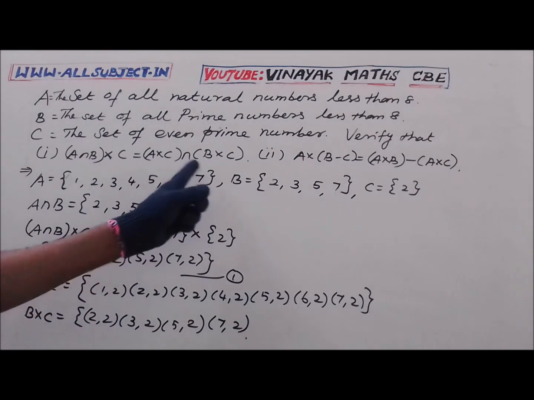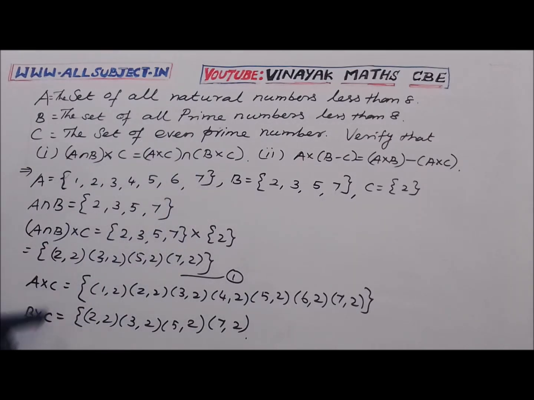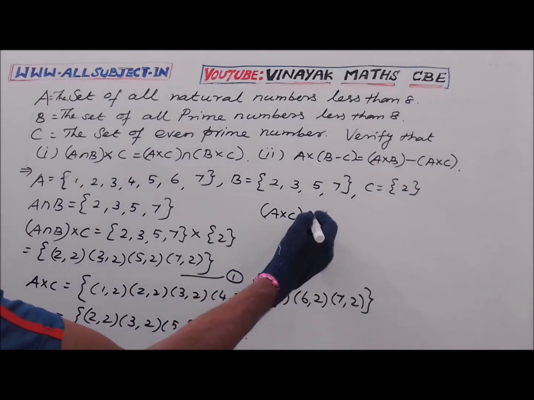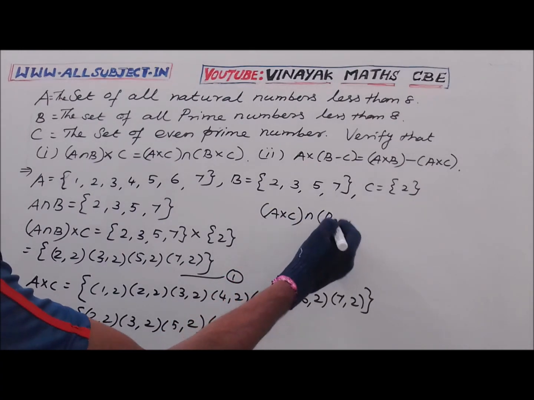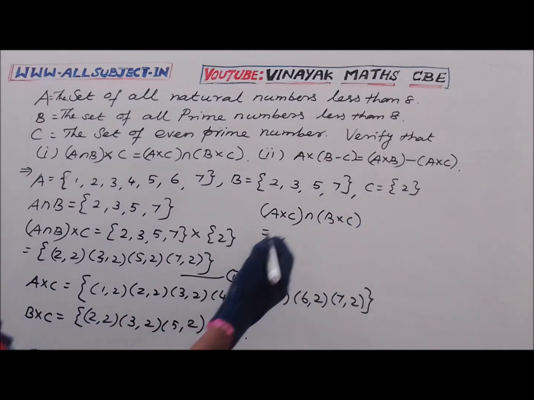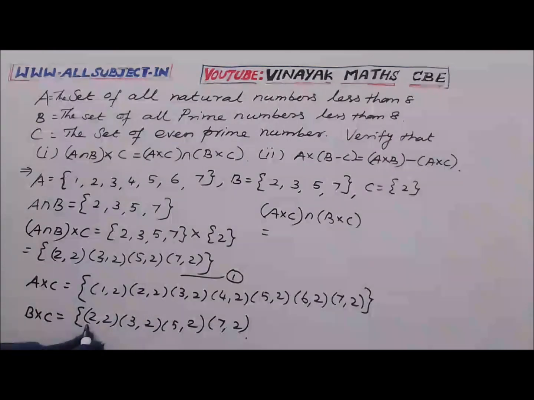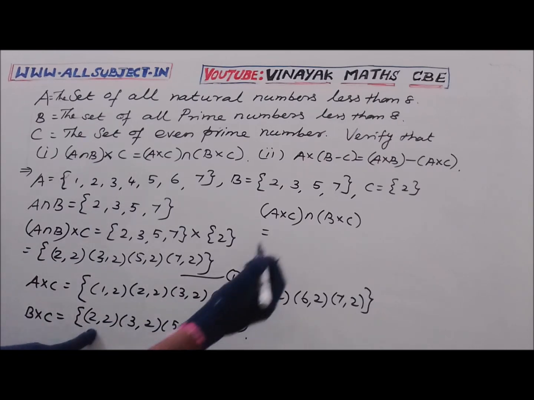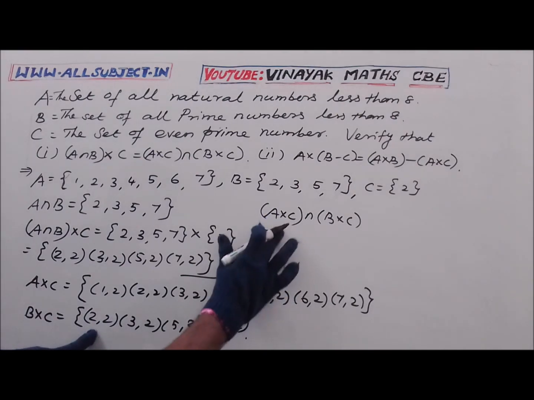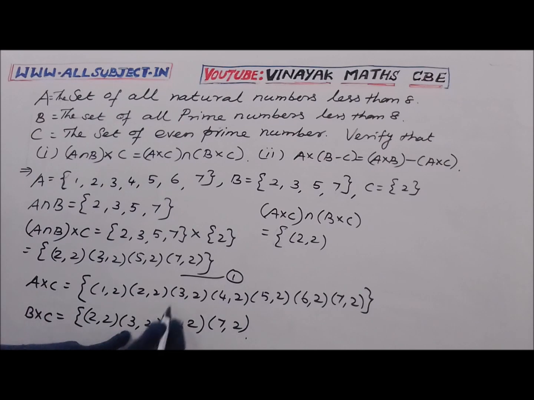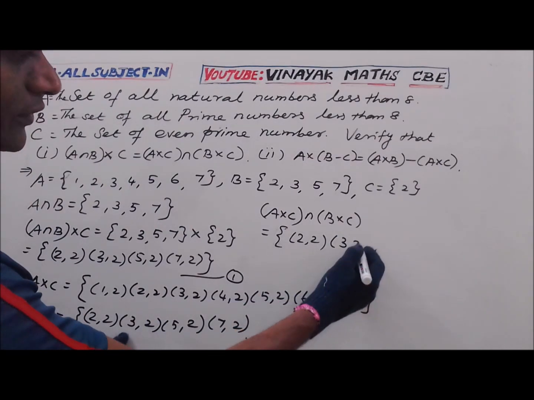Now we need the intersection of these two sets. A cross C intersection B cross C will be equal to the intersection of these two. Look here, we have only 4 elements. Comparing these 4: here 2, 2, here also we have 2, 2. Then 3, 2 is also present in both sets.